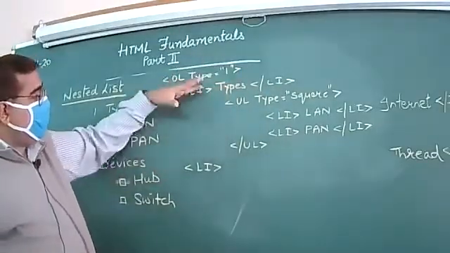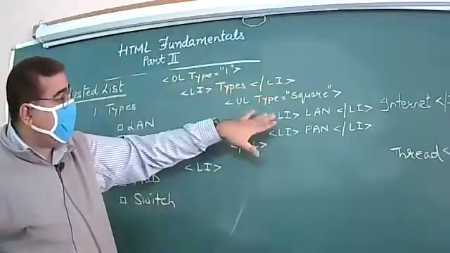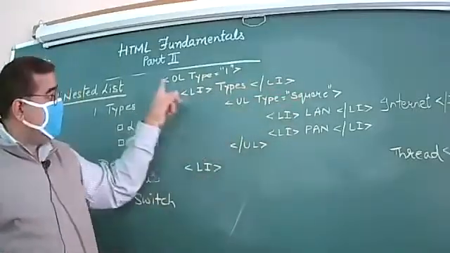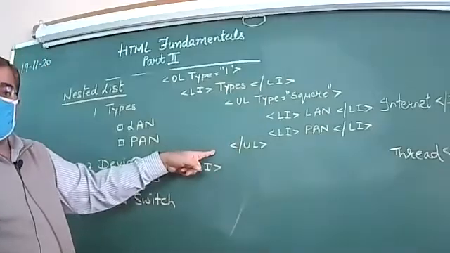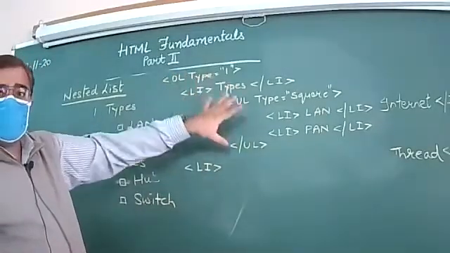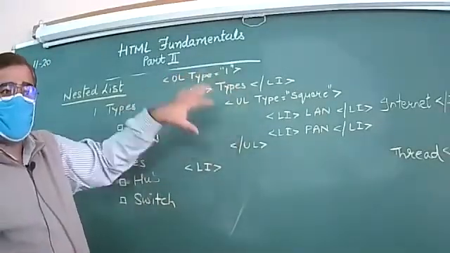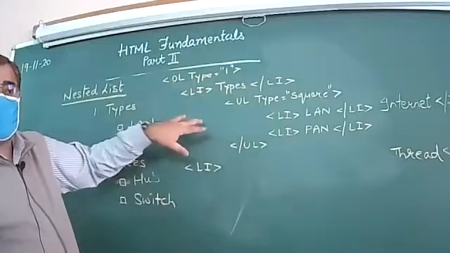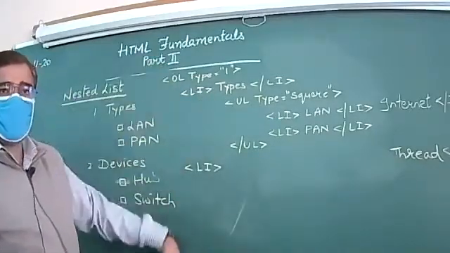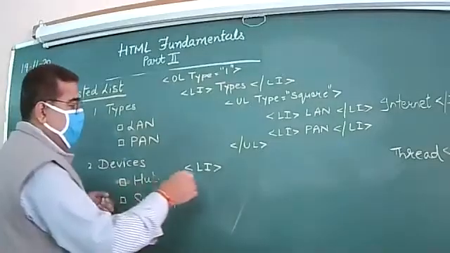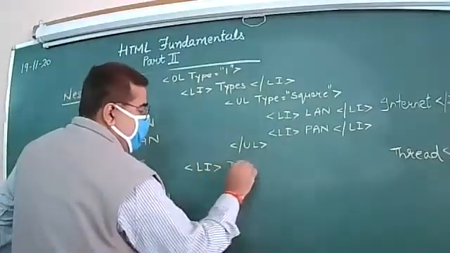This li little inward, ol inside it, then li again inward. See the structure I am following. Your coding, your structure, your formatting should be clear to the board checker. Don't just write all the coding in one line. Right? Now li devices.